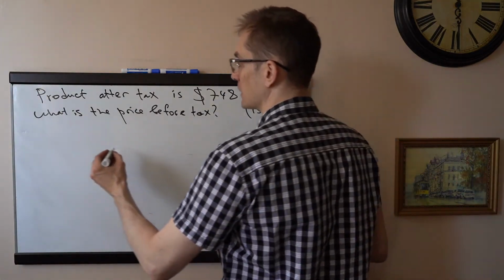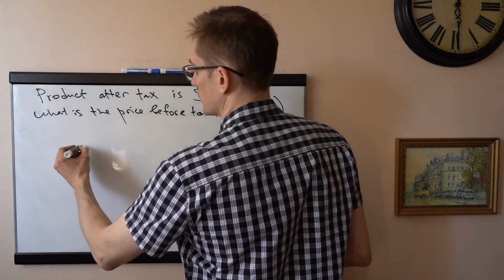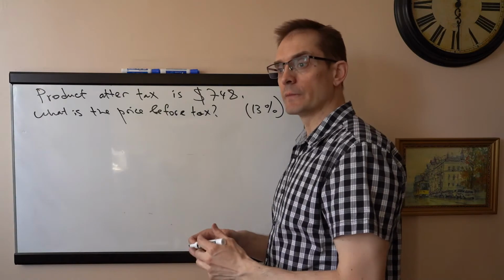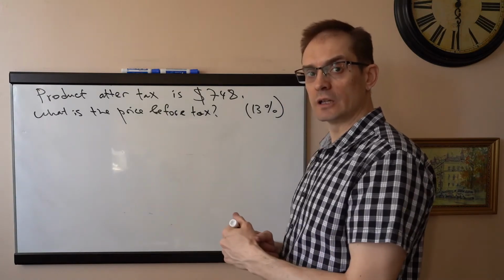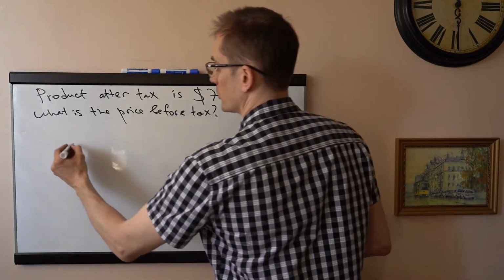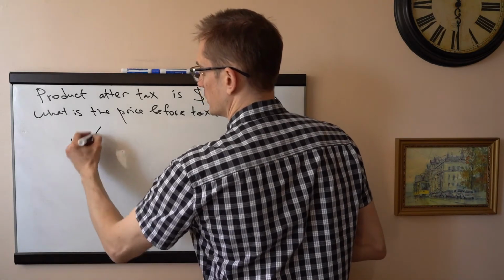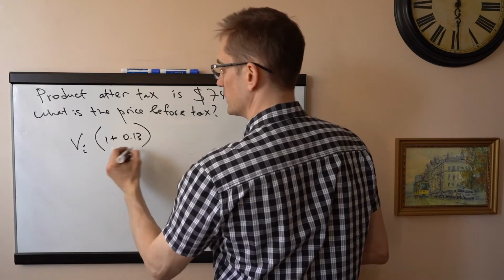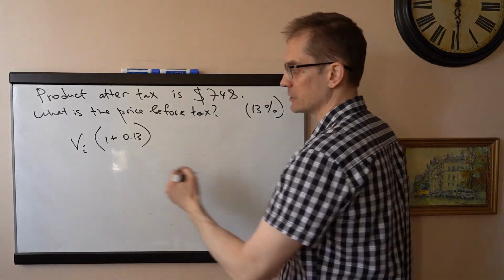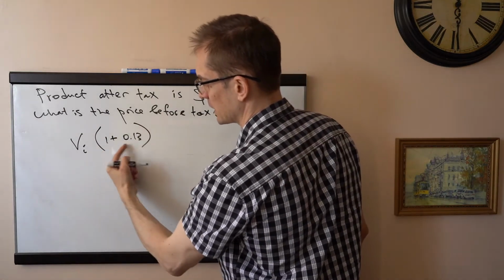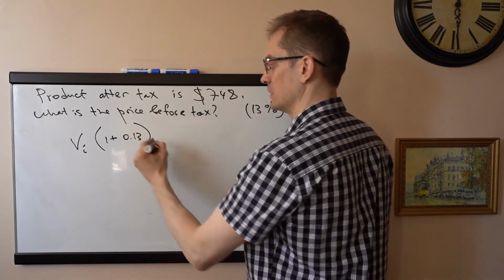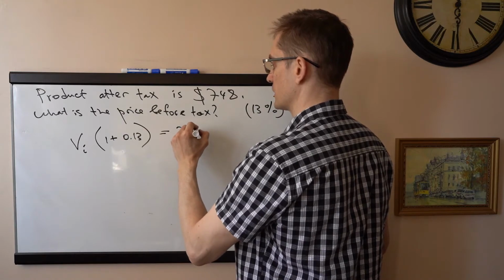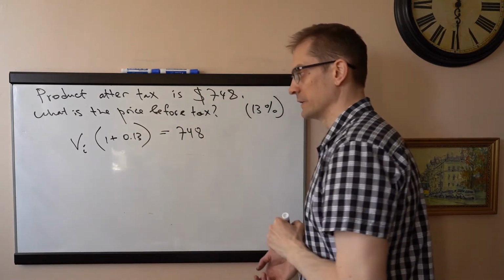So the correct solution is to notice that we actually don't know the initial value, the value that has been increased by 13%. So we have value initial times 1.13, you see? So that's what I mean by increasing by 13%. I find 113% of the initial value, and I will be getting my final value, which is 748, right?